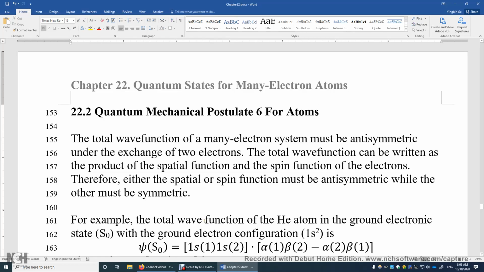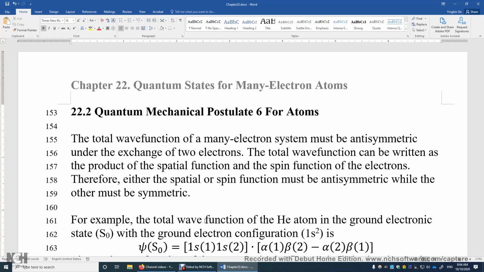Section 22.2 Quantum Mechanical Postulate 6 for Atoms. The quantum mechanical postulate 6 states that the total wave function of a many-electron system must be antisymmetric under the exchange of two electrons.